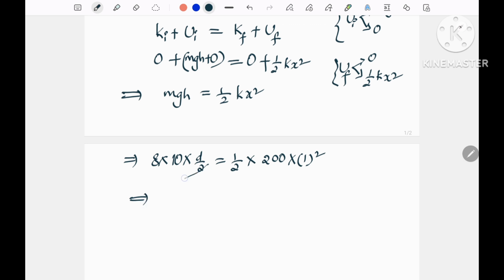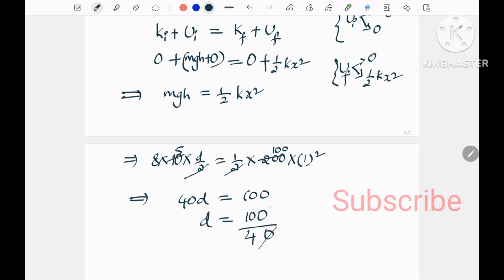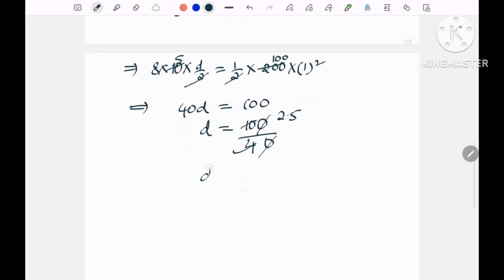From this, 2 ones are 2 and 5 twos are 10, and this will get cancelled, leaving 100. So 8 times 5 is 40, so 40 d equals 100 and d equals 100 upon 40. This will get cancelled, so it is 2.5. Hence the distance travelled by the block before it comes to rest is 2.5 meter.